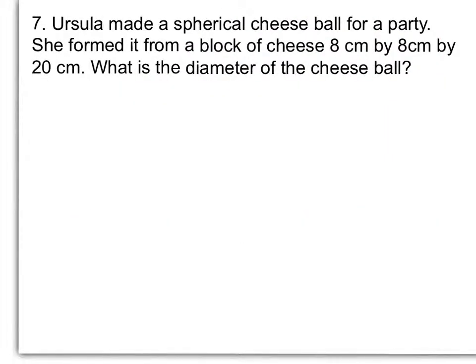In our last example, number 7, it says Ursula made a spherical cheese ball for a party. She formed it from a block of cheese 8 centimeters by 8 centimeters by 20 centimeters. What is the diameter of the cheese ball? Since she started with a block of cheese, we first need to find the volume for the block.